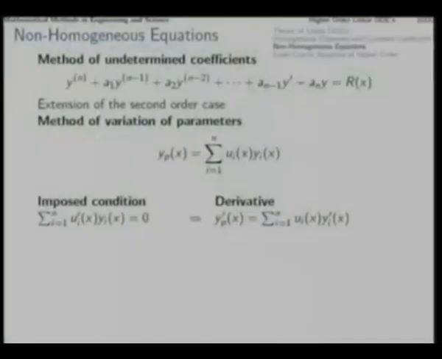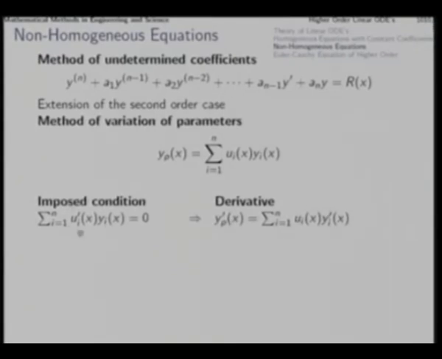Now, as we differentiate the first time, we find that the derivative of these n terms will give us 2n terms. The first n terms will be ui prime yi and the other n terms will be ui yi prime. Now, we try to put an additional condition that the first part is 0. Then the first derivative will turn out to be the sum of ui yi prime.